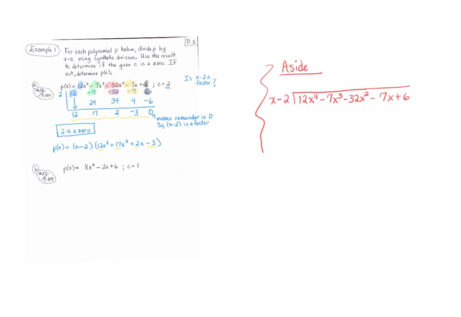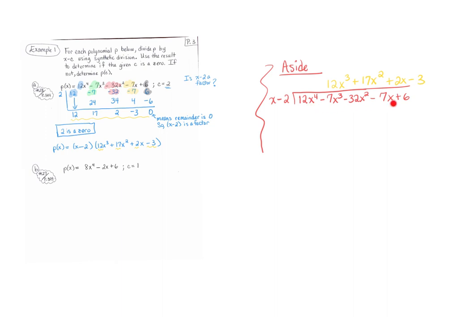And whenever you divide this into this polynomial, you get this. You would get 12x cubed plus 17x squared plus 2x minus 3.